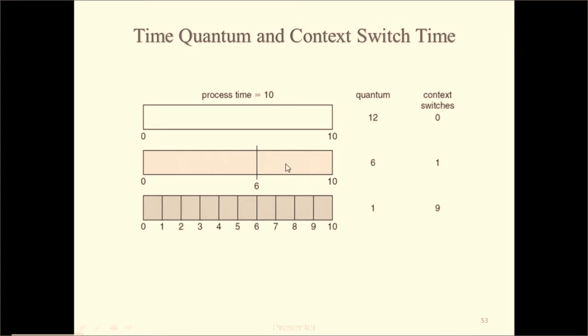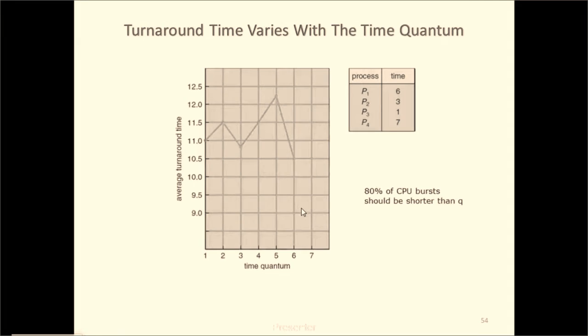Do it like what we have done, except that first P1 runs for 1 unit of time, then 5 will remain, head will point to P2 and tail will point to P1, and proceed like that and calculate how many switches are taken or what the average turnaround time is for various time quantums. The general observation says that 80% of CPU bursts should be shorter than Q. Then only you get a better turnaround time.